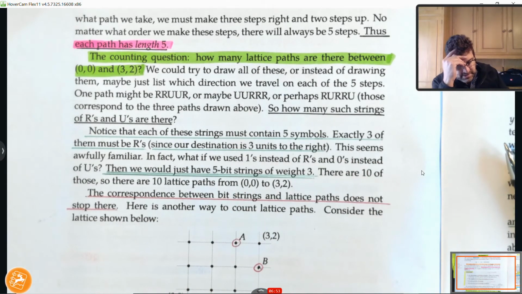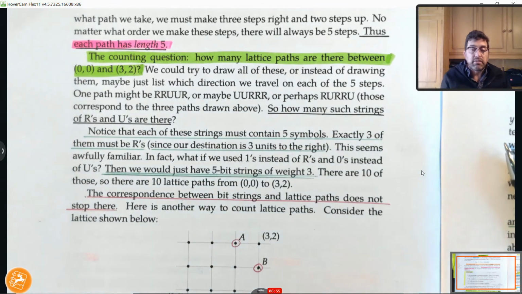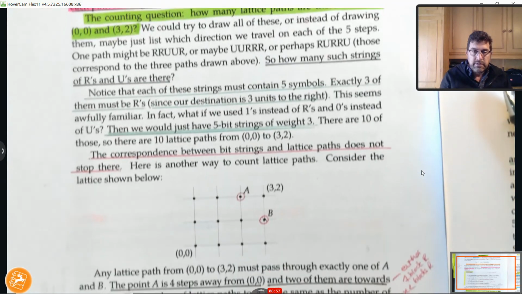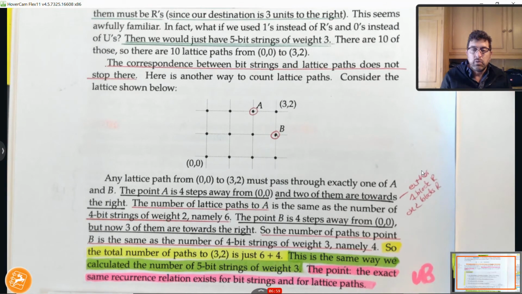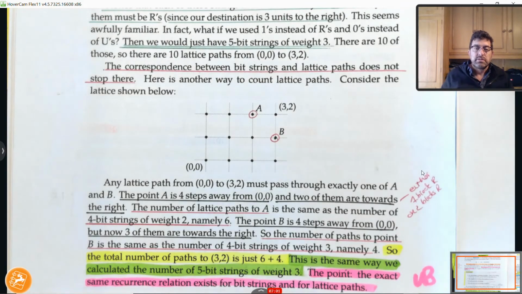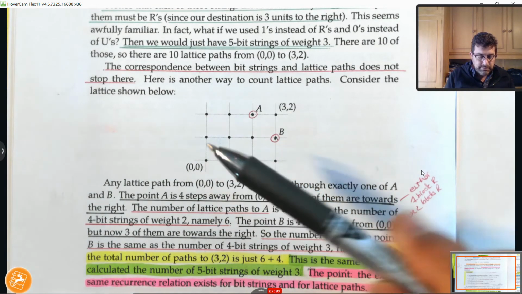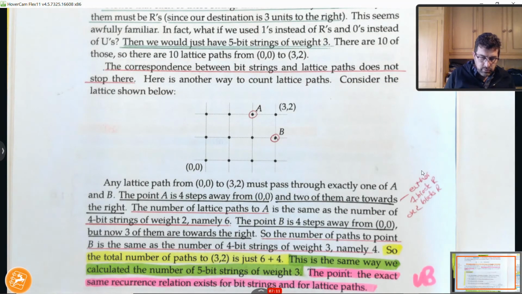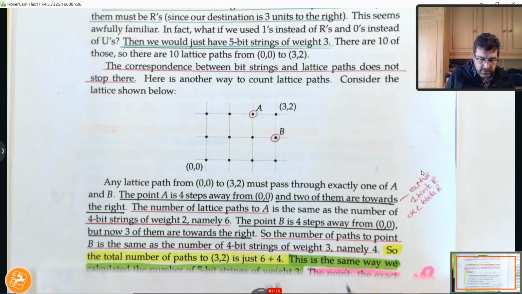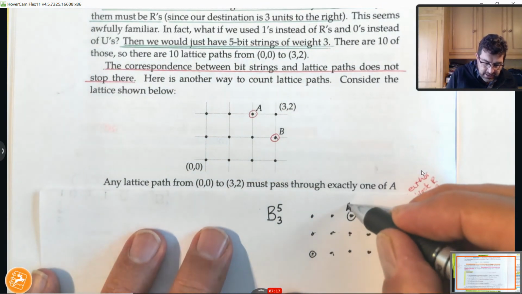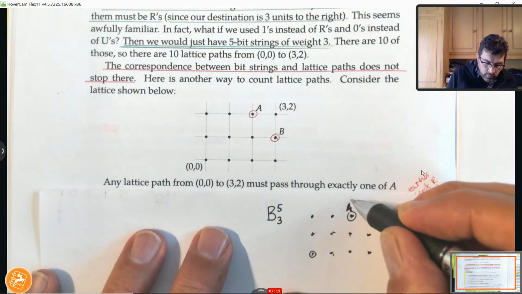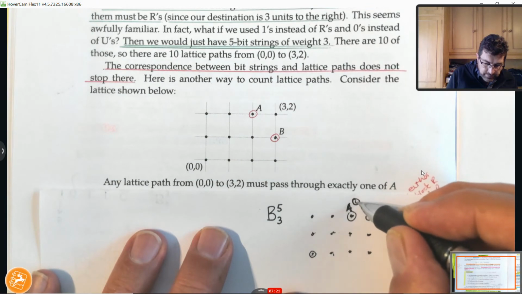So we say that any lattice path that starts at 0, 0 and ends at 3, 2 must pass through one of those. Now point A is 1, 2, 3, 4 steps away. Point A, here, I'm going to do it on my form here. Point A is 4 steps away.